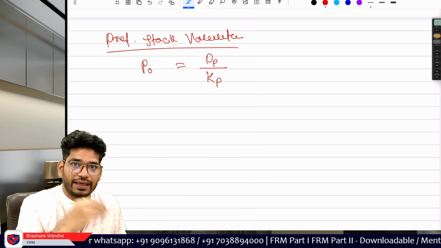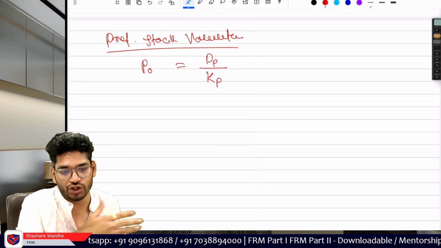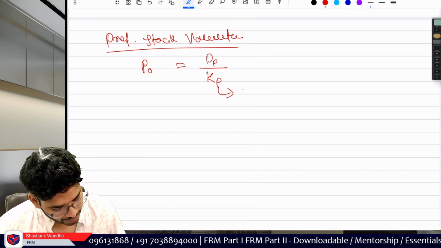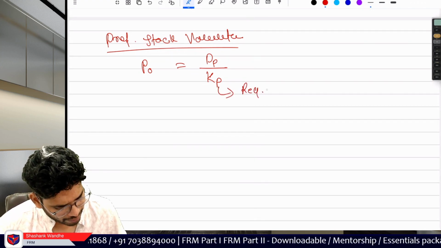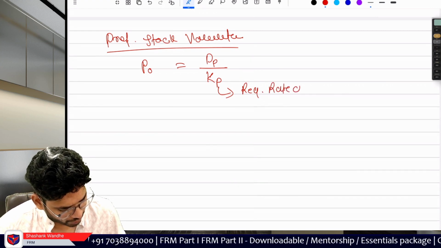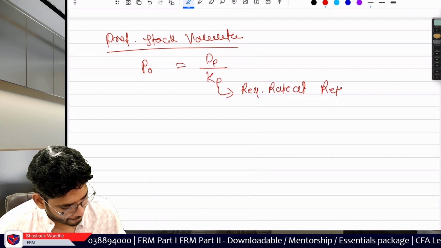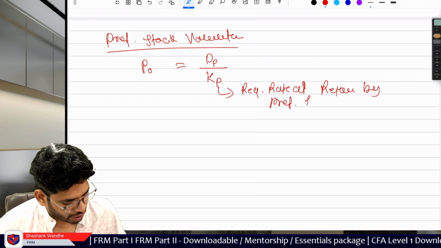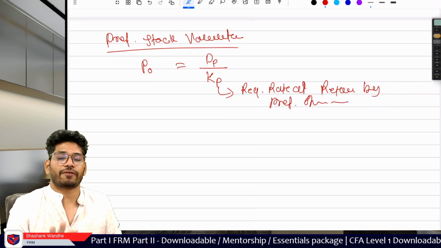So this KP is the cost of preference share, which means the required rate of return by preference shareholders.